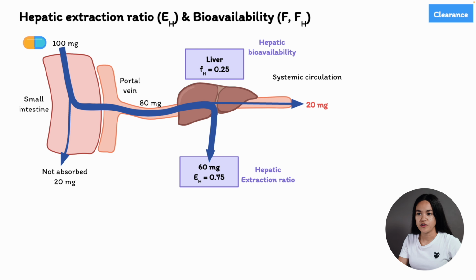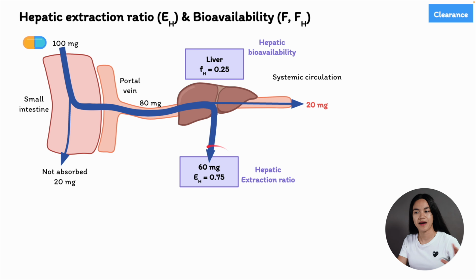Say the hepatic bioavailability is 0.25 or 25%. That means that only 25% of the drug that enters the liver will leave the liver and reach the systemic circulation. So if you have 80 milligrams of drug going to the liver, only 25% of it will get to the systemic circulation, which is 20 milligrams. This implies that the liver eliminates 75% of the drug.